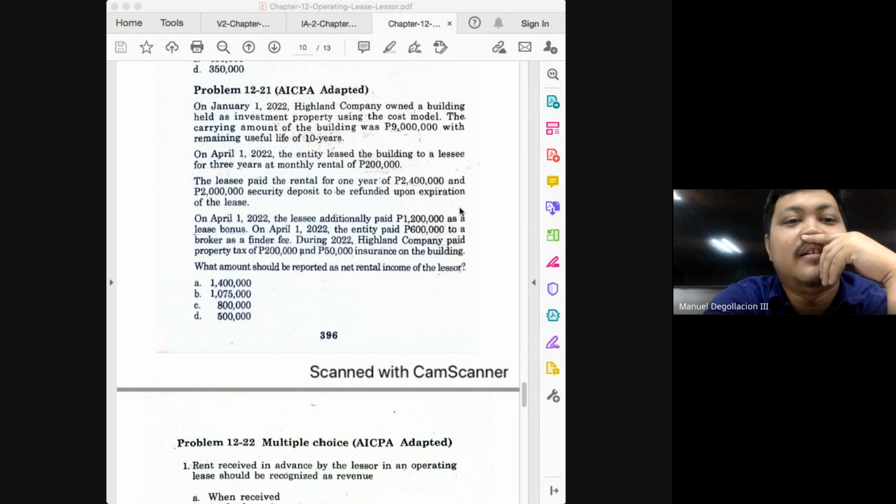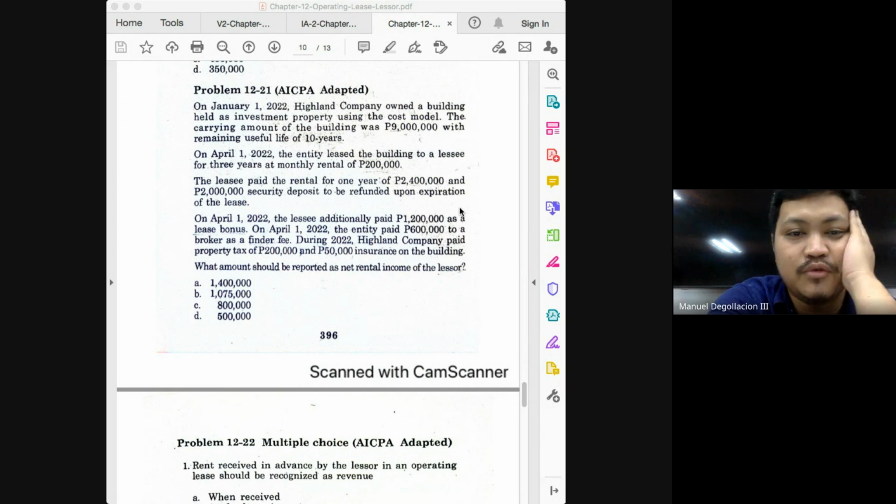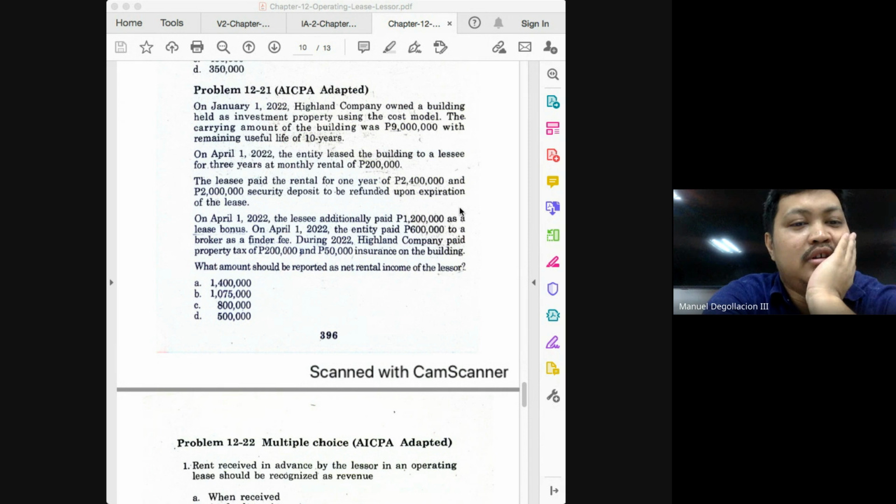What's wrong? They lease the equipment to a lessee for 3 years. The lessee paid the rental for 1 year of 2,400,000 and 200,000 security deposit. Are you sure it's not a good number, class?